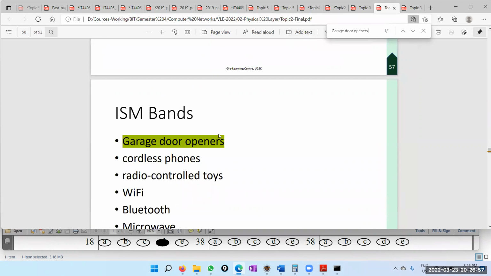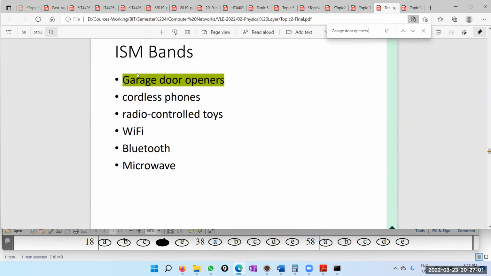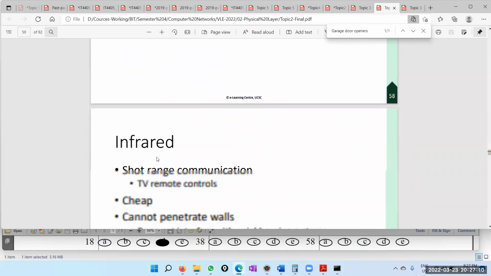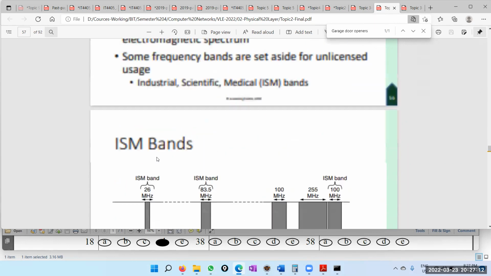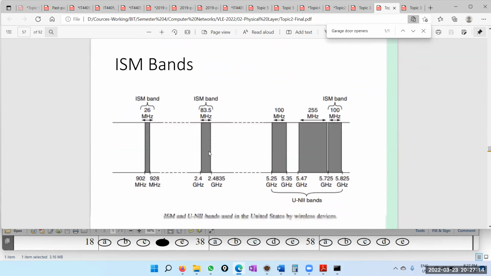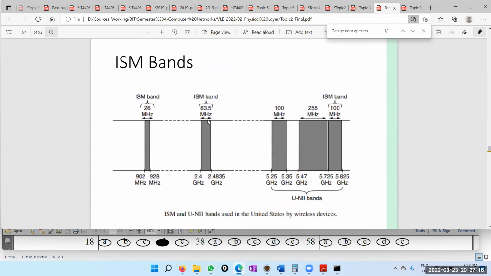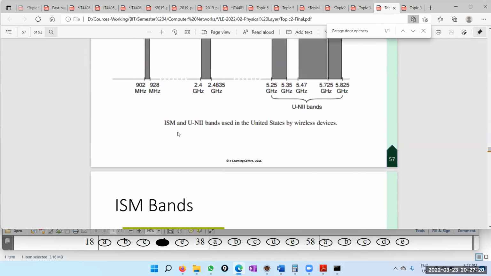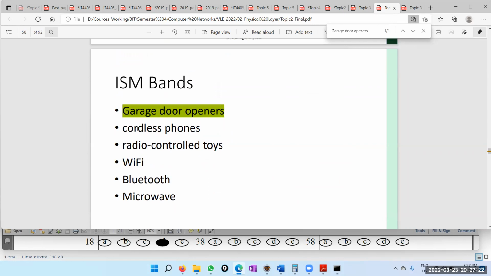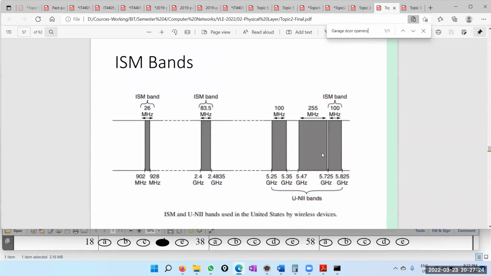You can see ISM bands. You can see garage door openers, cordless phones, radio control toys, Wi-Fi, Bluetooth, microwave. So they are all part of that. So these are the different ISM bands, utilized by different usages. But there's a possibility of interference as well.